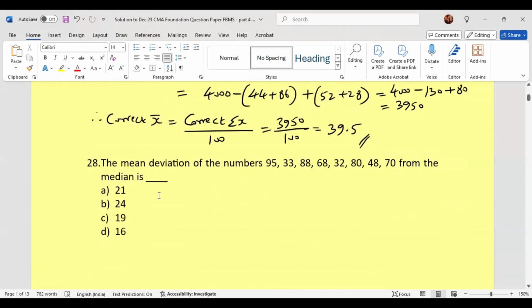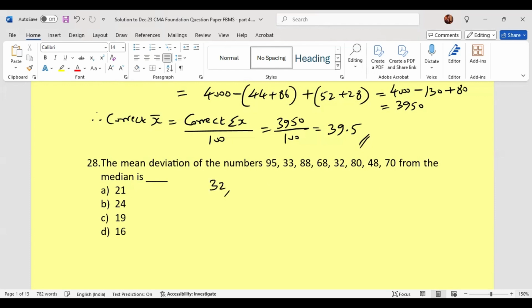The mean deviation of the numbers 95, 33, 88, 68, 32, 80, 48, and 70 from the median is what? First, we have to find out the median, for which we will be arranging the observations in ascending order.